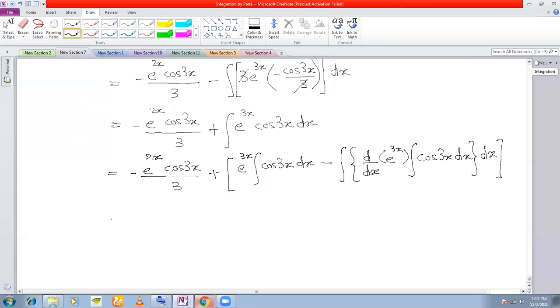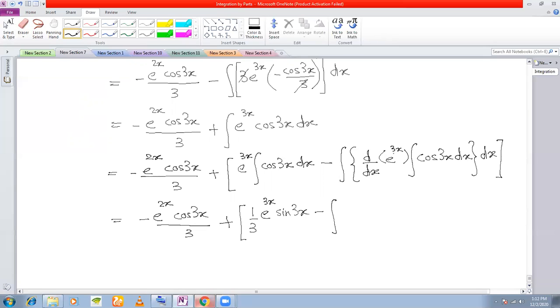That is what you get. So minus e to the power of 2x cos 3x divided by 3 plus, now what is the integral of cos 3x? It is 1/3 sine 3x minus integral of, now this is very interesting, this is going to get very interesting now.